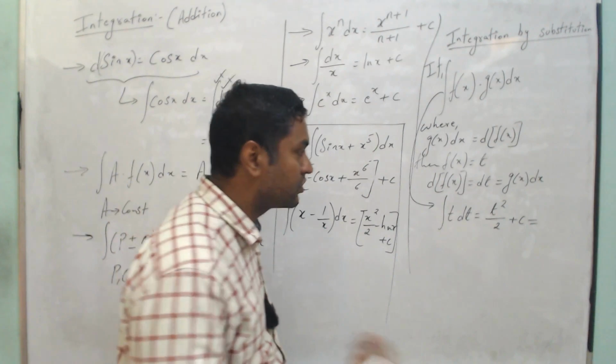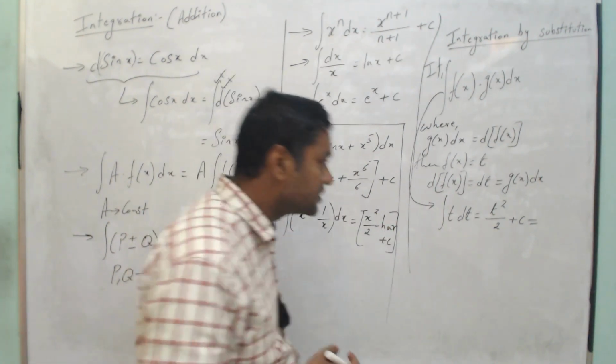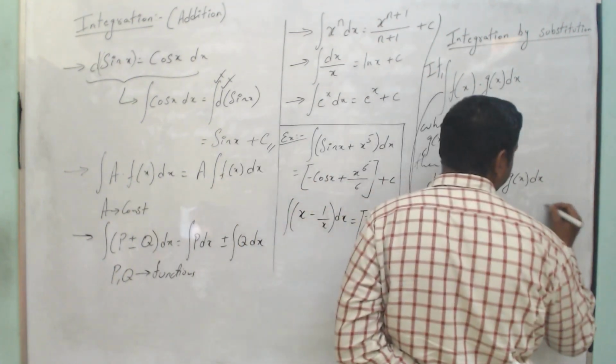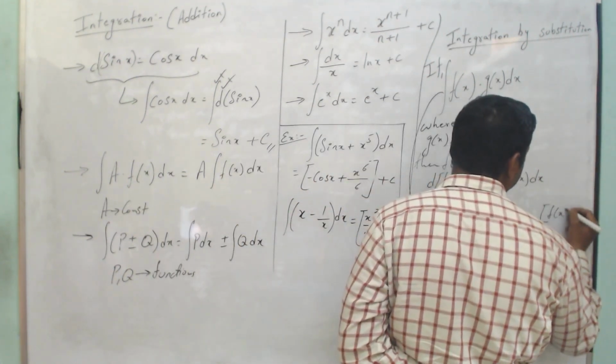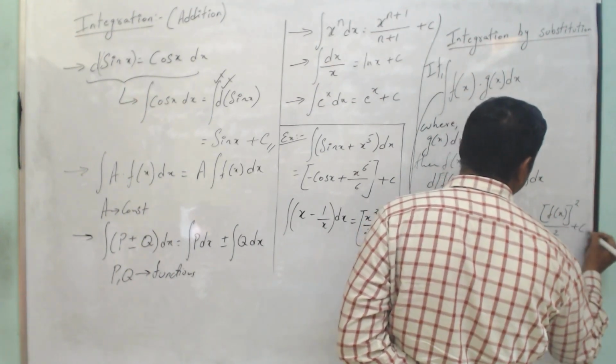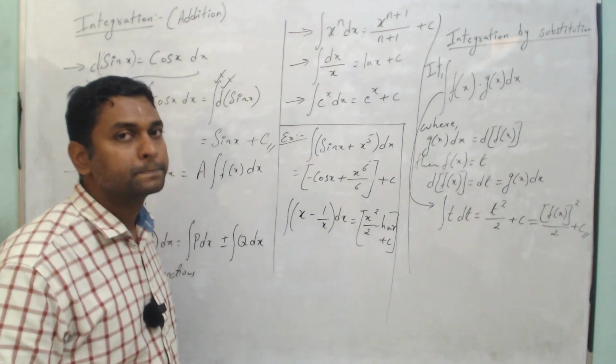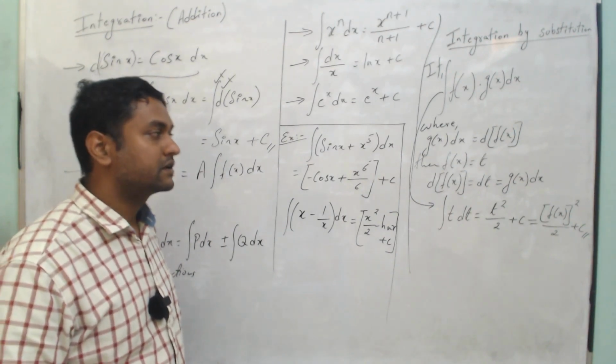I want the answer in terms of x, because the question is given in terms of x. So I will get the answer as f of x whole squared divided by 2 plus c. This is how we do the integration part. Is this clear?